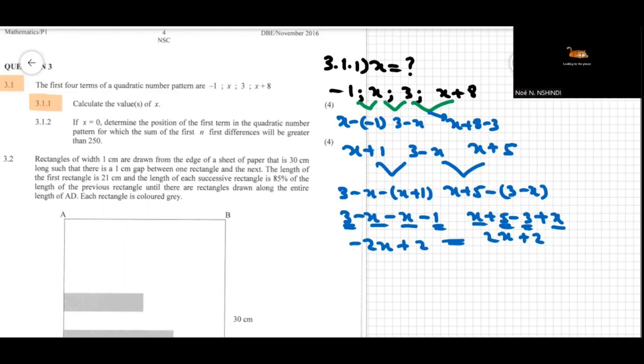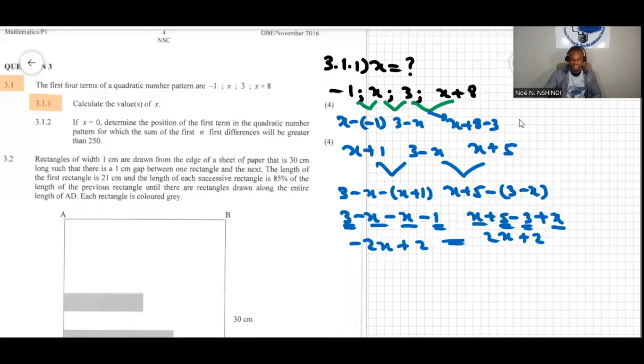So now the two are equal. Well, it is not proven, but we're going to set the two equal because the question itself says it's a quadratic pattern. We know the condition is that the second differences must be constant. So we move the negative 2x over and the positive 2 over.